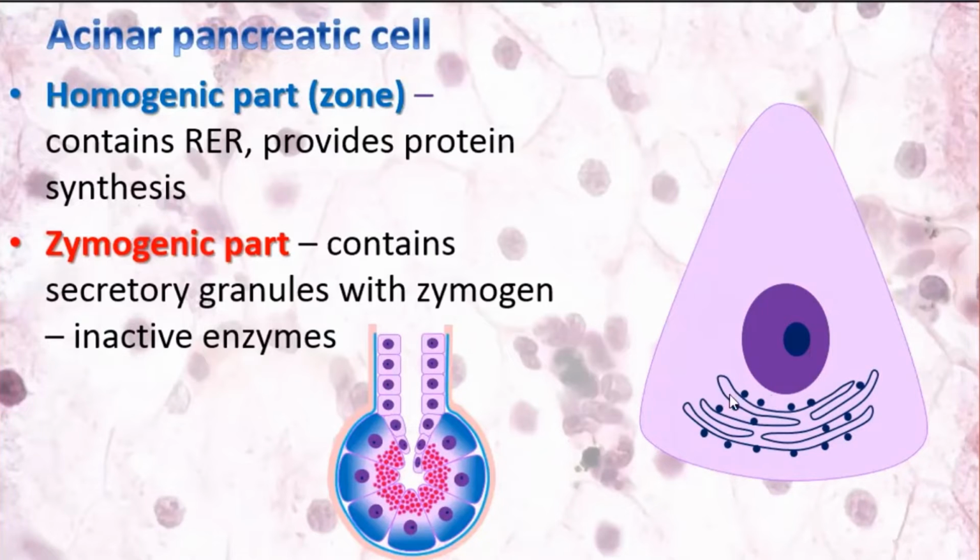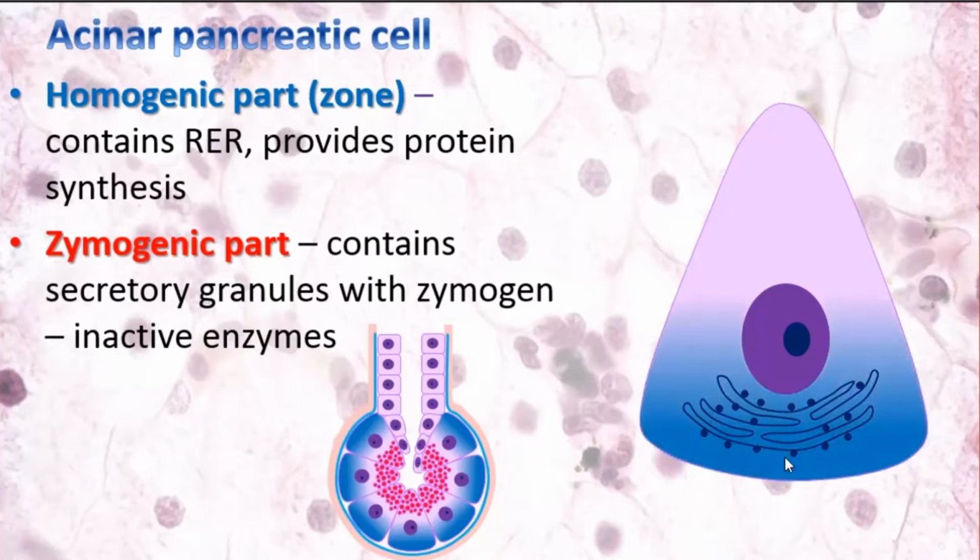They are basophilic in their staining. They result in the blue or violet stain of the basal pole of acinar pancreatic cell. Here we can see this staining. That's why basal parts of the cells, they are blue or violet.